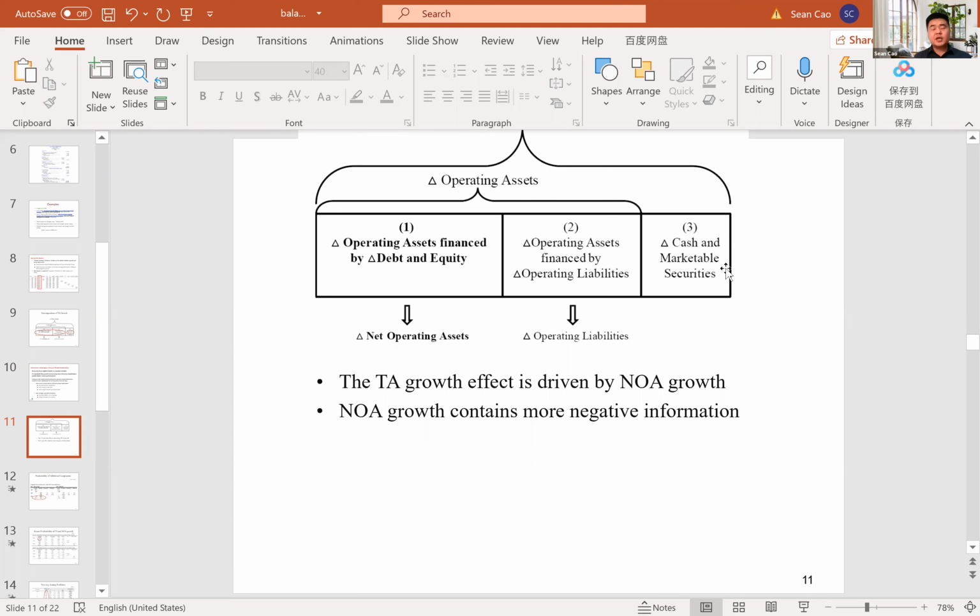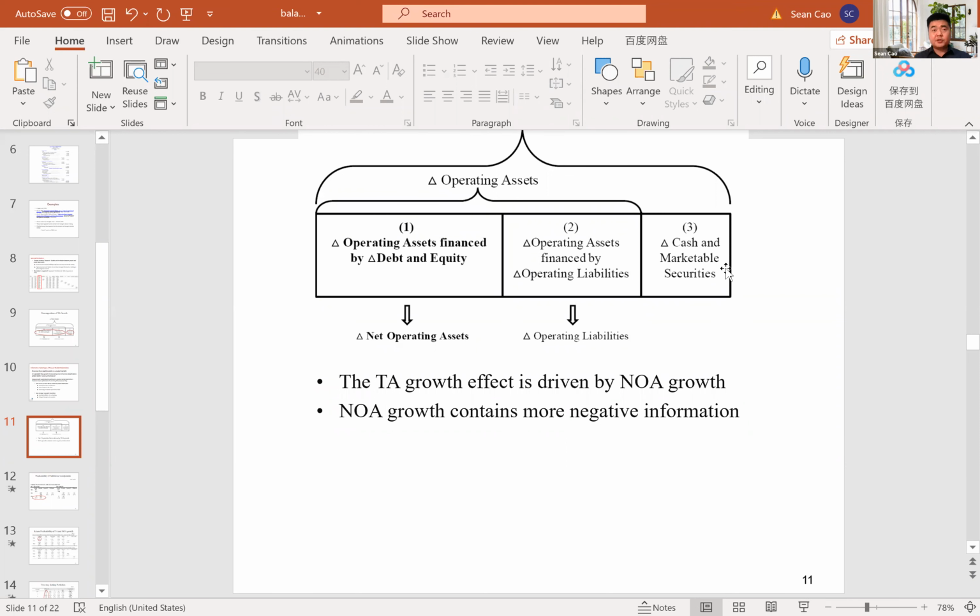The first step is you have to calculate the growth that is financed by the suppliers, and the growth that is financed by the shareholders, bank loan, and bond investors. So number one, you have to construct the different growths in order to do the testing.